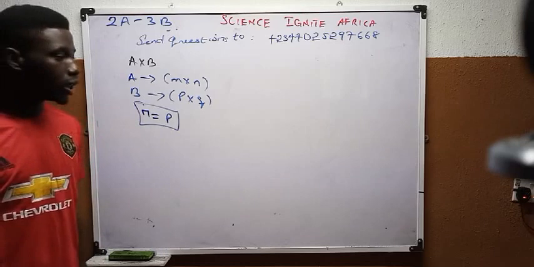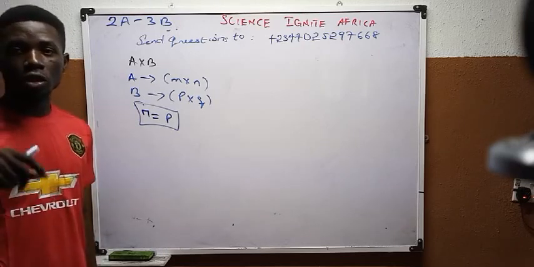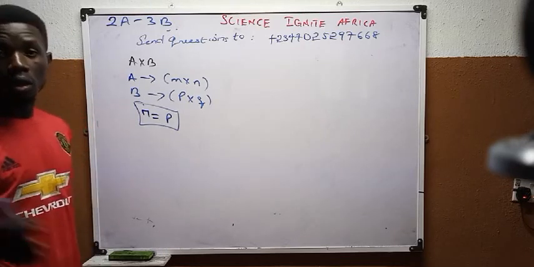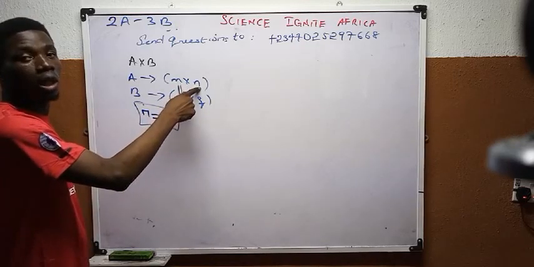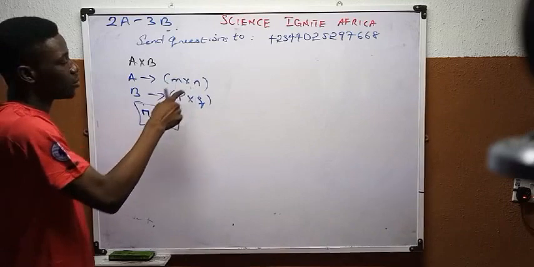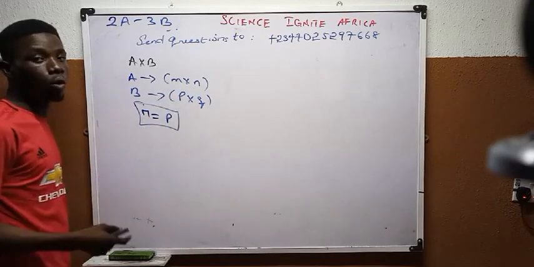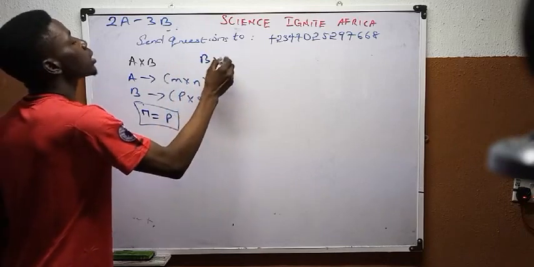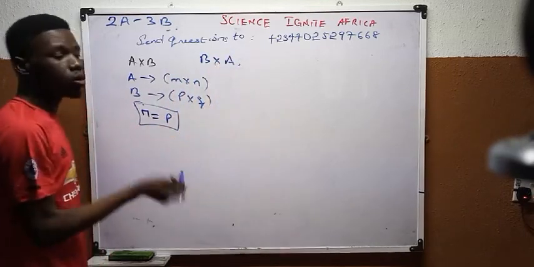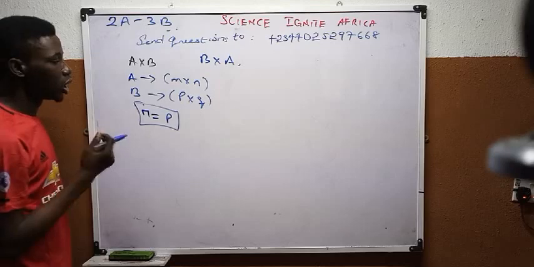If you are joining us already, please pay attention. The number of columns n here must be equal to the number of rows of the second one. That is why the reverse may not be possible. That is, B times A may be impossible while A times B is possible.